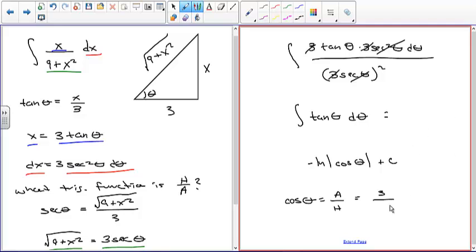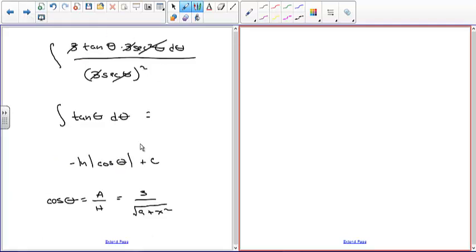No, yeah, that's right. Adjacent over hypotenuse. So it's 3 divided by the square root of 9 plus x squared. So if I plug that back in here, I get negative the natural log of the absolute value of 3 divided by the square root of 9 plus x squared plus c.